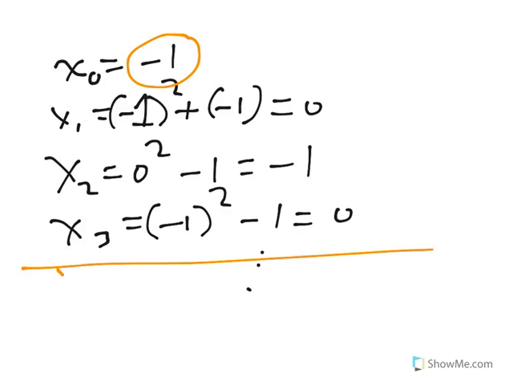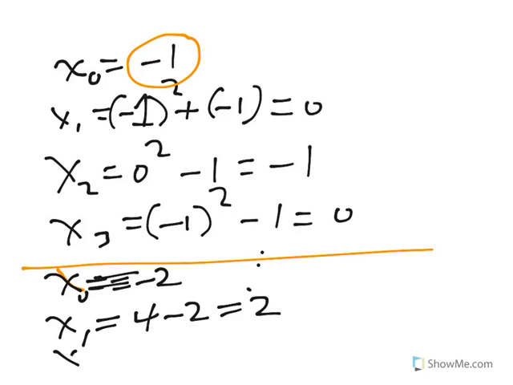If instead I try something more negative, like -2, x1 will be -2 squared, which is 4, minus 2, which is 2. x2 is going to be x1 squared, which is 2 squared, which is 4. Actually, that stabilizes also.